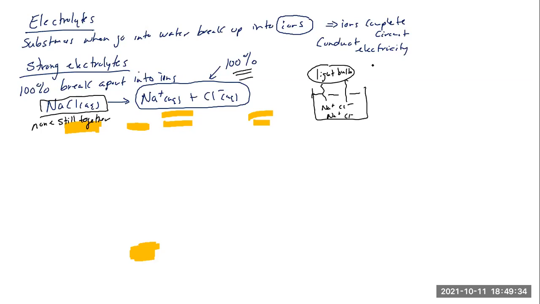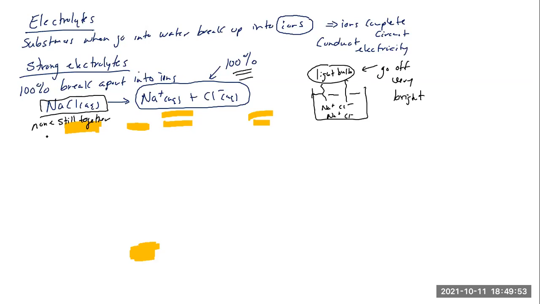What would happen is this light bulb would go off very brightly. It would be super bright, tons of ions floating around, able to complete the circuit, conduct electricity really, really well. Very bright light bulb.